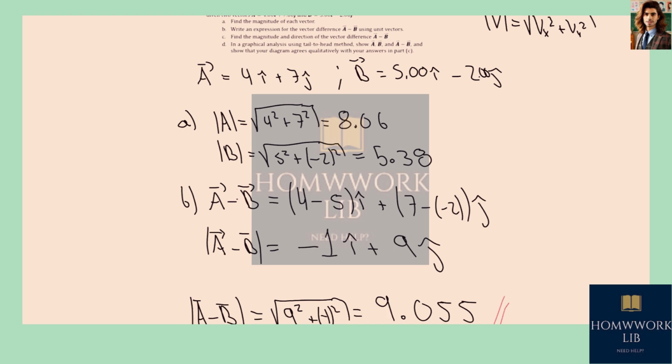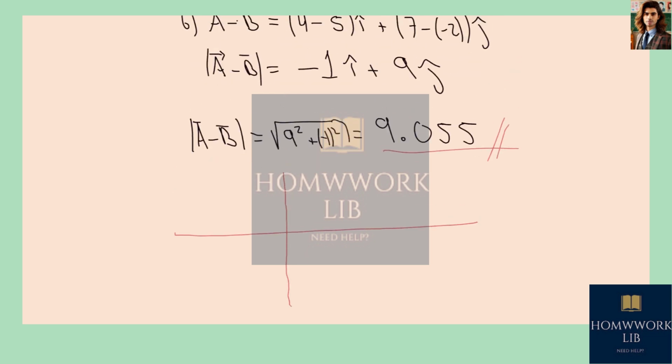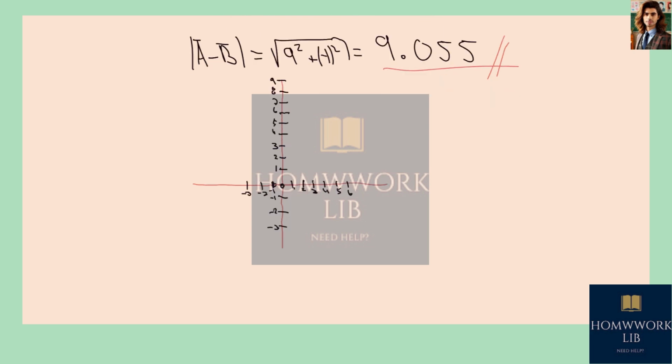So the units that we're going to be dealing with are essentially from 0 to 9. That is going to be the maximum that we're going to have. So let's try to separate things evenly. 1, 2. Okay, so we're going to have something like this on the coordinate axis.